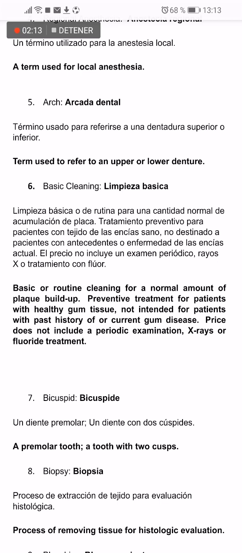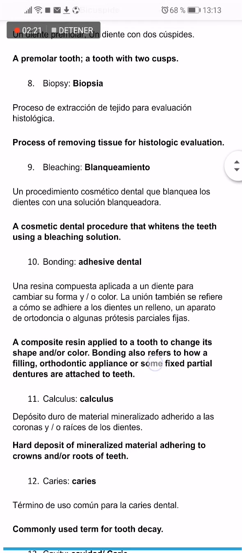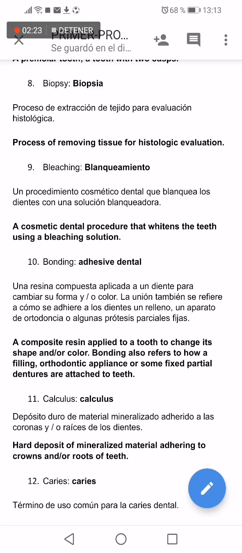Bicuspid: a premolar tooth, a tooth with two cusps. Biopsy: process of removing tissue for histologic evaluation.